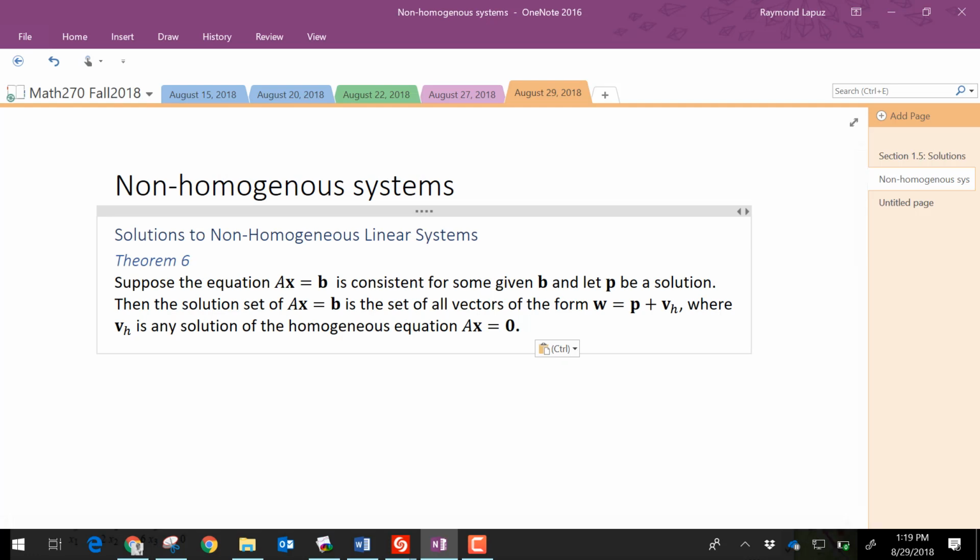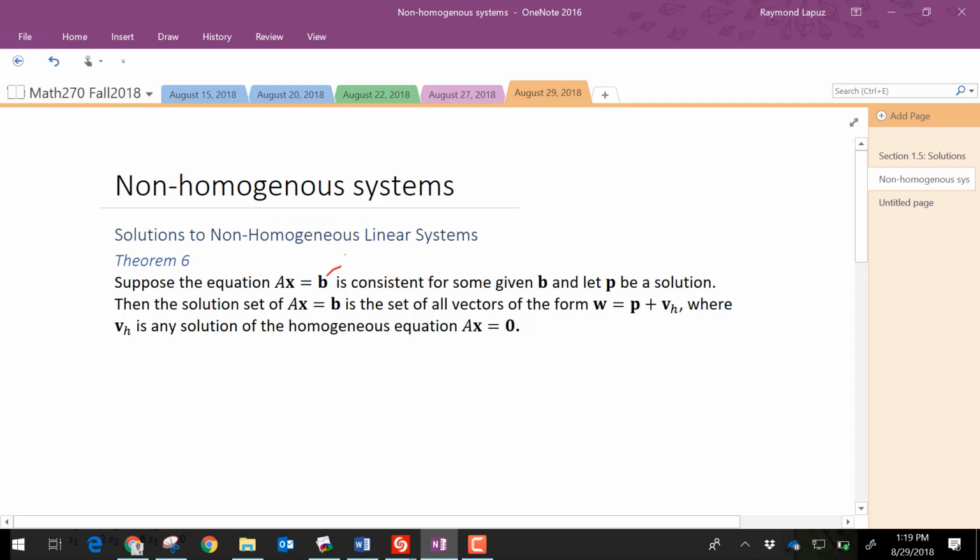So let's try to describe a non-homogeneous system. A non-homogeneous system is different from a homogeneous system in that the non-homogeneous system has non-zeros on the right-hand side. That wasn't defined here, was it? So we have an equation Ax equals b, where b is non-zero. Let's make a little note here.